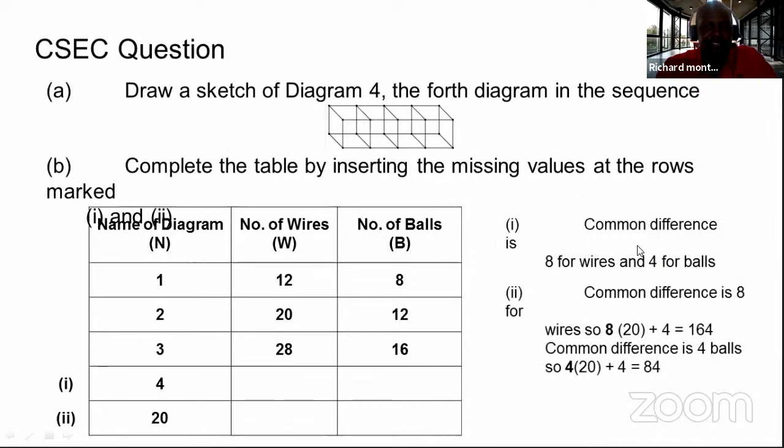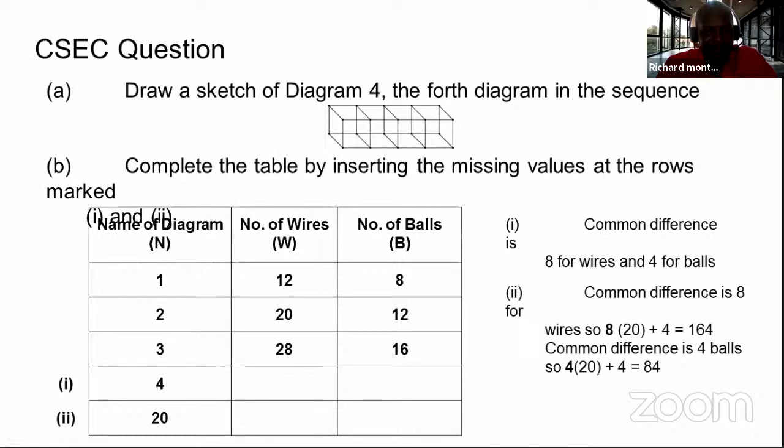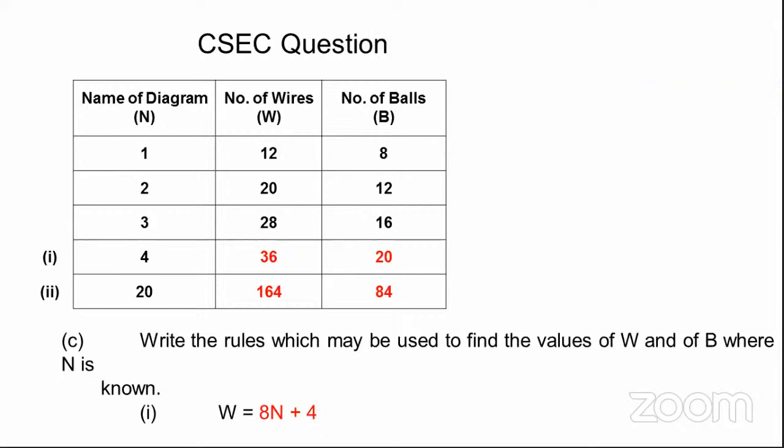All right, so if we were now to complete our table, we would be looking at, and let's just talk through this. Now, in the number of wires, are we recognizing that there's a common difference happening there?